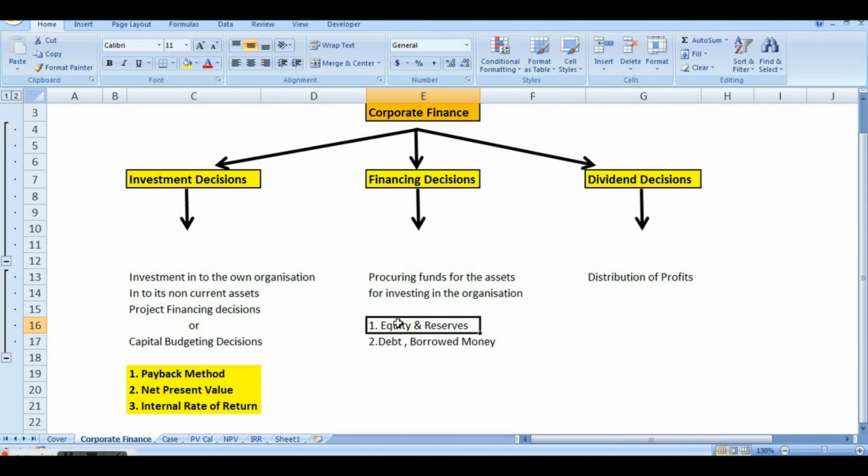Now when the organization wants to borrow money, it will have to check that the rate of return the particular asset is going to generate should always be higher than the cost it is incurring to borrow the money. Only then will the organization end up making profits. If this is not compared properly, the organization can go into losses.